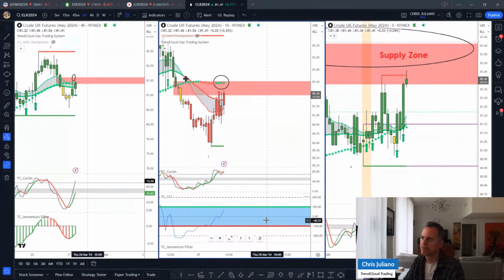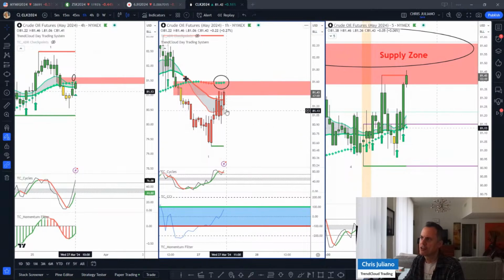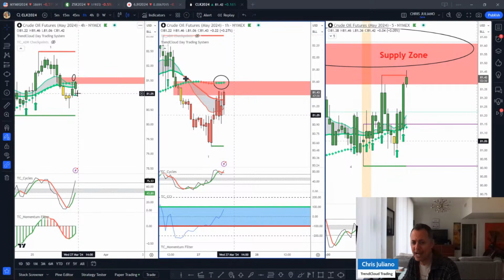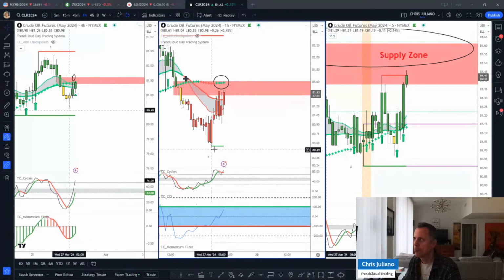All right. Now we've got this pseudo downtrend with upward momentum on the high time frame. We're getting a green candle on the 4-hour chart. That's powerful. What the heck is going on here?